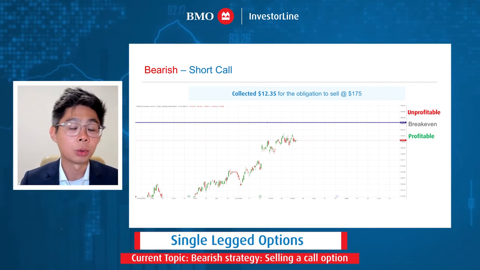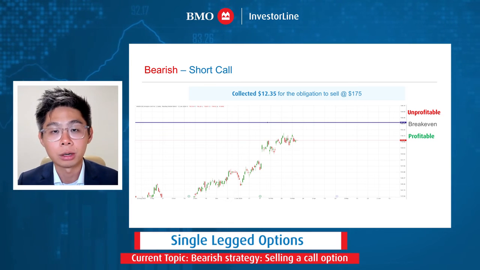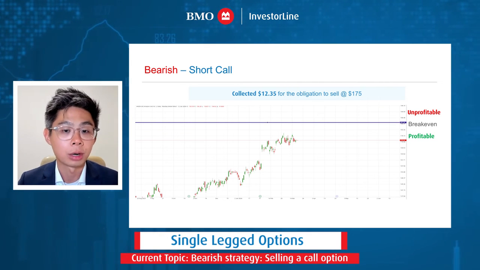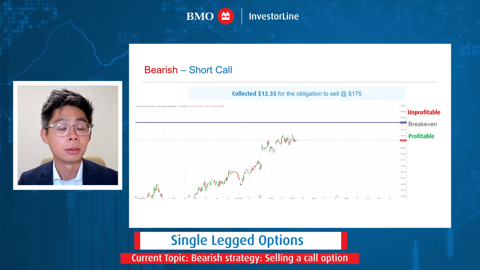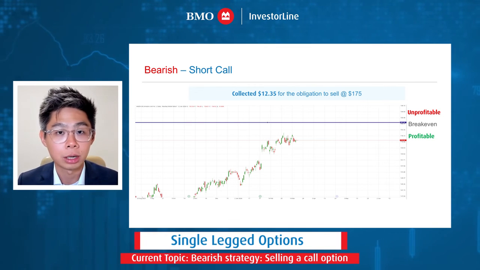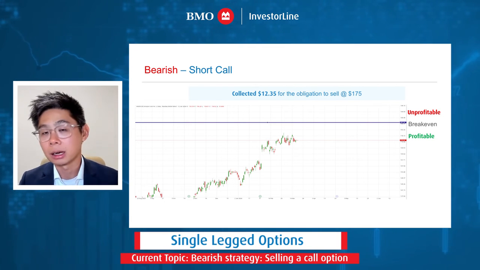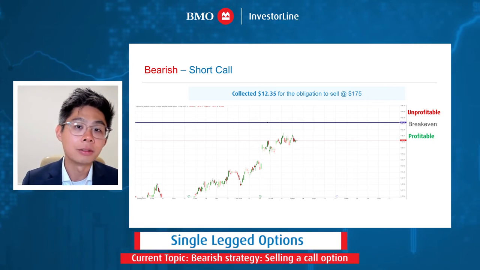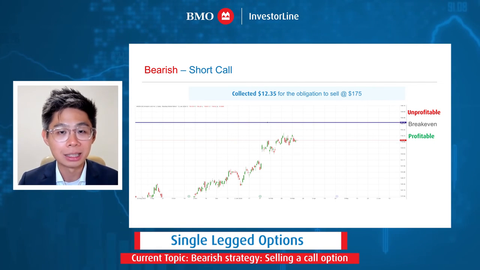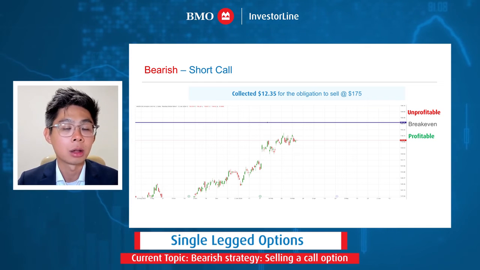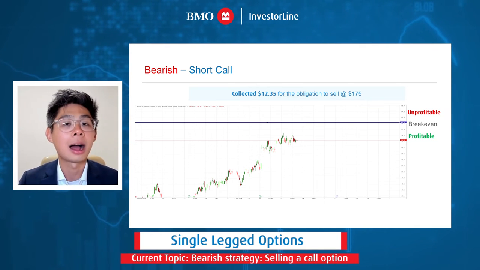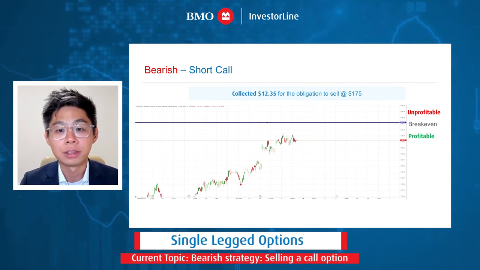And this is what's quite attractive for a lot of traders when they want to trade a directional view, is that they want to be able to profit if they are correct on the directional view, profit even if the stock doesn't move, and still profit even if the directional view is incorrect. And this is really what gives selling call options like this type of strategy a higher probability of profit than 50%.